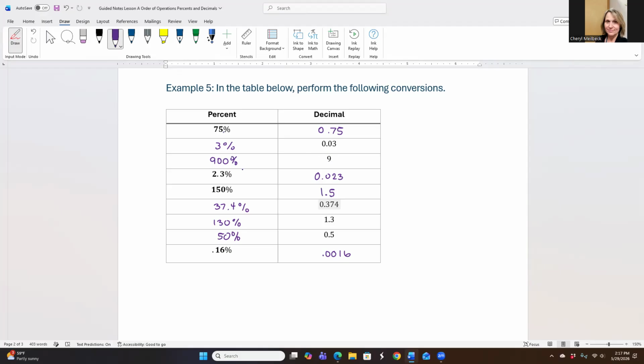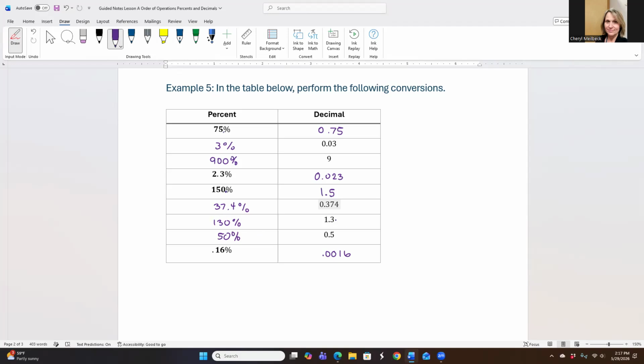Multiplying it by 100, we get 900%. 2.3%, to convert it to a decimal, we move the decimal 2 places to the left, so we'll have 0.023. 150%, the current decimal is behind the 0, so if we move it 2 places to the left, we'll have 1.5. With the decimal number 0.374, we're going to multiply that by 100, so we move the decimal 2 places to the right to get 37.4%.